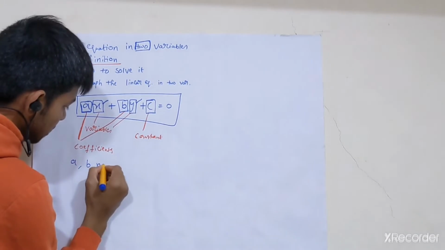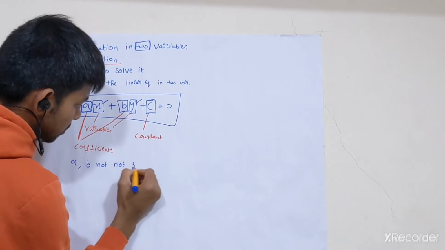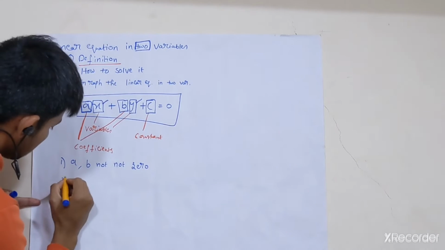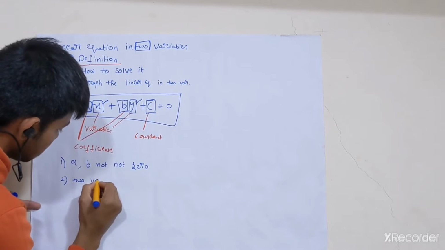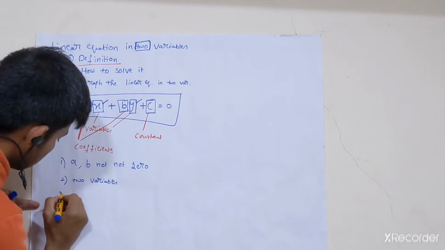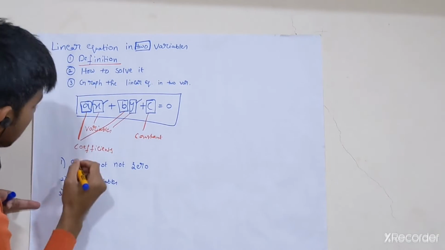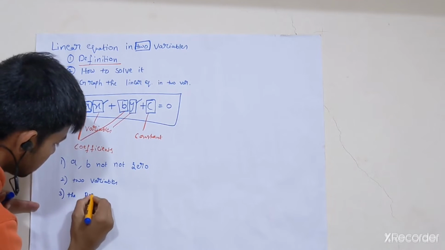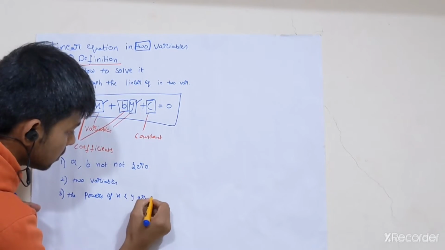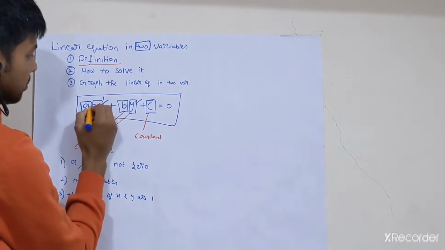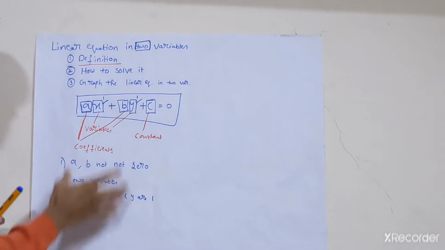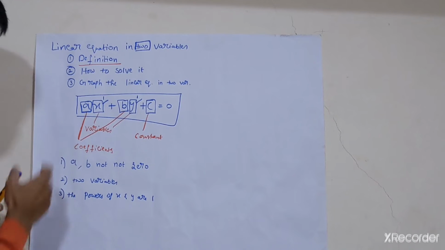So the definition goes like this: there are two variables, a and b are not both 0, and third, the powers of x and y are 1. You can see here the power of x is 1 and the power of y is 1. So these three conditions have to be met to define a linear equation in two variables.